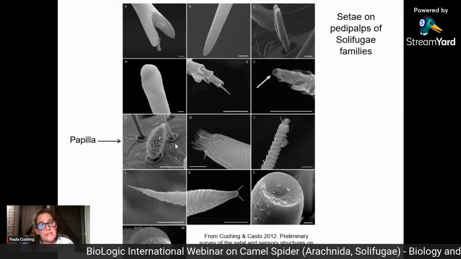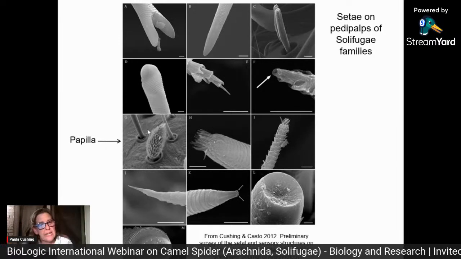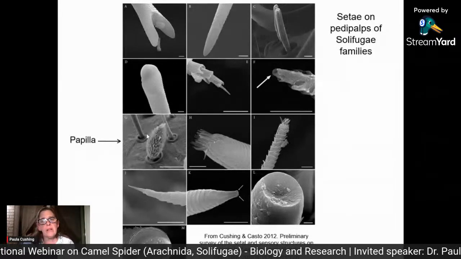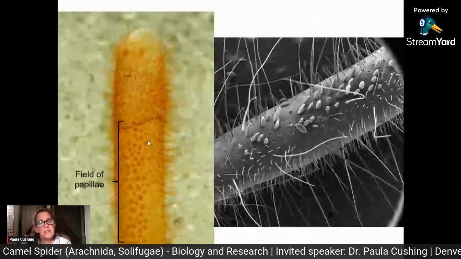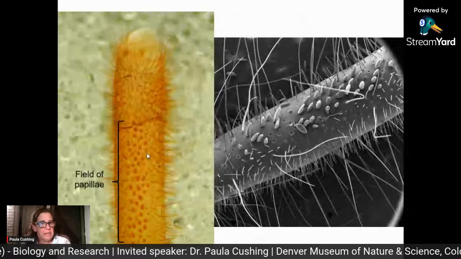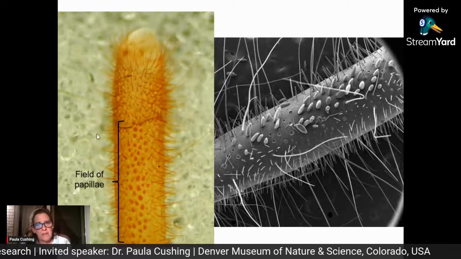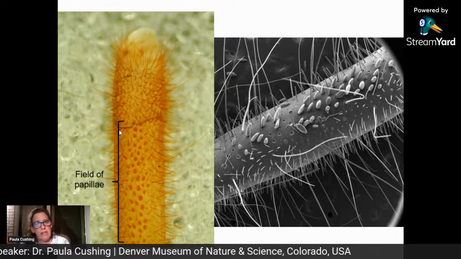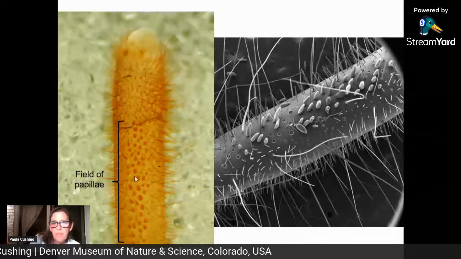We also did some studies of specialized setae called papillae. Papillae are specialized setae found on the underside of male pedipalps of three different families. This is looking at the underside of a pedipalp at a field of these papillae.